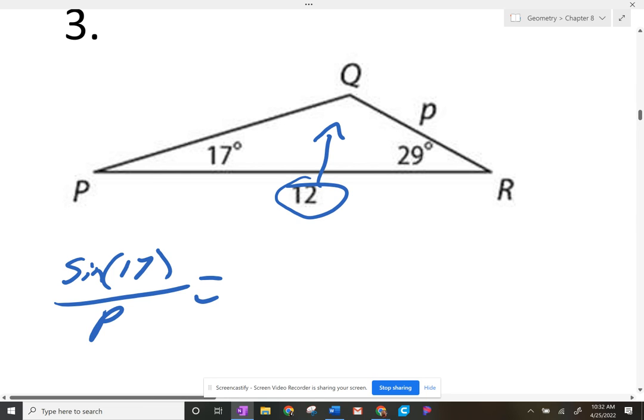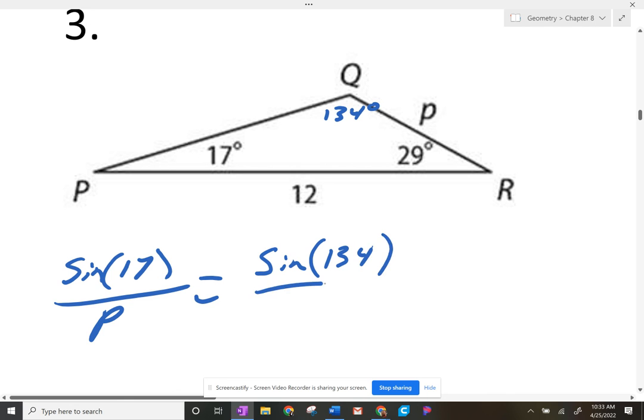So I'm going to add 17 plus 29, and subtract that from 180. This angle up here should have been 134 degrees. So it should have been written as sine of 134 over 12. And now we get to cross multiply: sine of 17 times 12 equals sine of 134 times p.